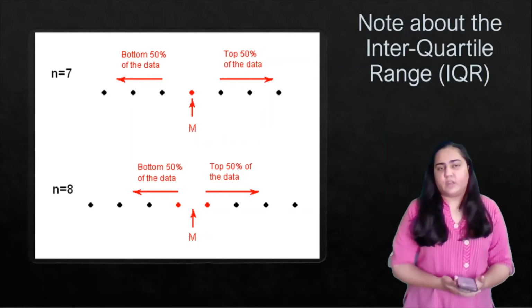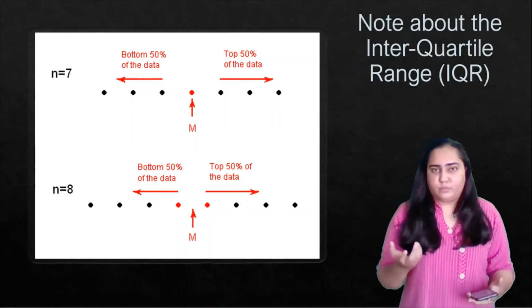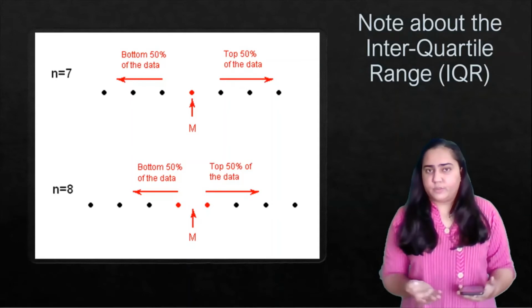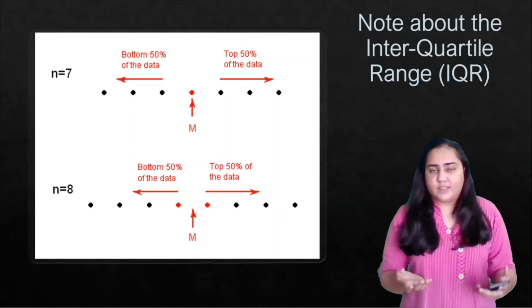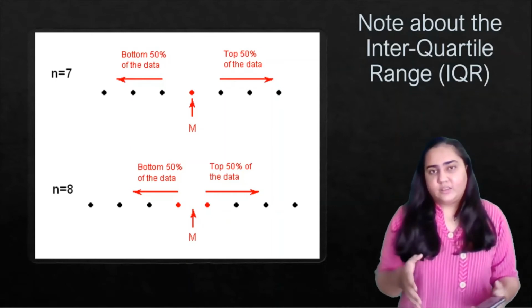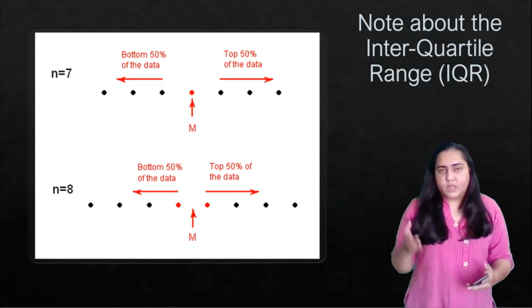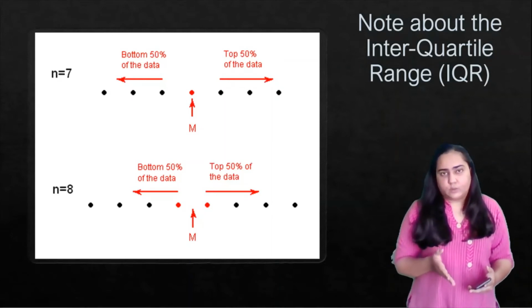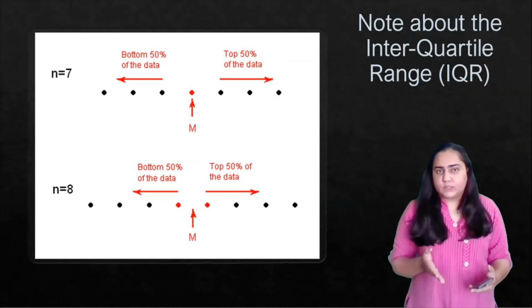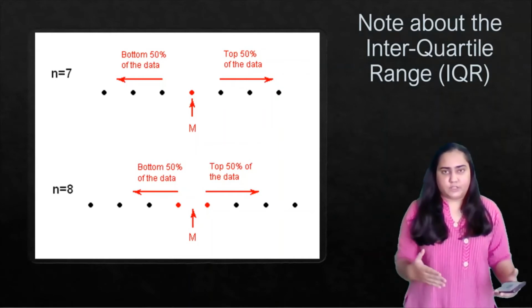If you have n equal to 7, then the median is going to be the fourth observation, and hence your data set is divided. But in that division into 50% below and 50% above, the median is not included, because the median is removed and then you divide into 50-50.